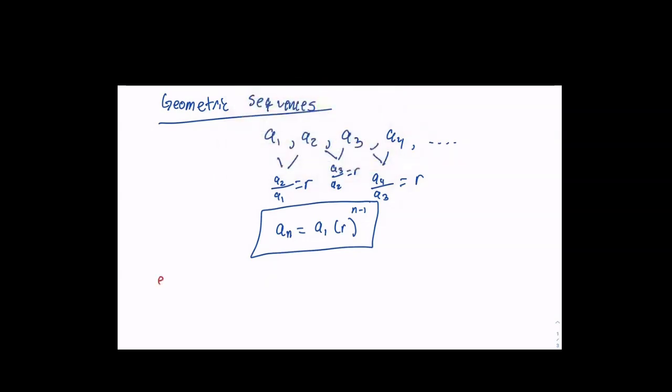So for example, if I gave you, and let me do something with fractions because I know that was probably where you're having the problems, 5 halves, 5 fourths, 5 eighths, dot, dot, dot, dot.